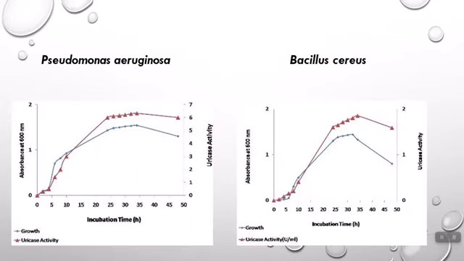Then I inoculated both strains in 50 milliliters of enzyme production medium containing potassium dihydrogen phosphate, magnesium chloride, glucose, and uric acid.